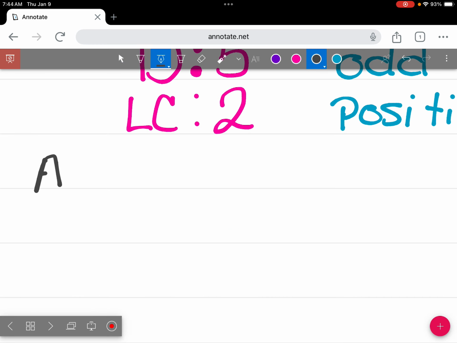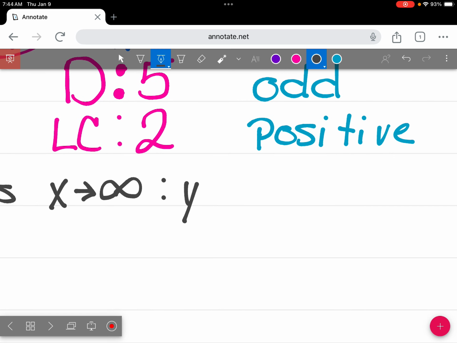We know as x approaches positive infinity, as x goes to the right and gets bigger and bigger, my y's are going to match our leading coefficient. So my y's are going to approach what? If we're looking at our right arrow, it should always match our leading coefficient here. So it's going to go up to positive infinity.